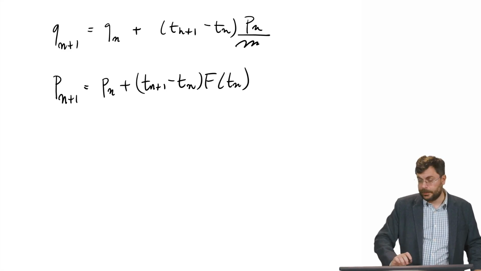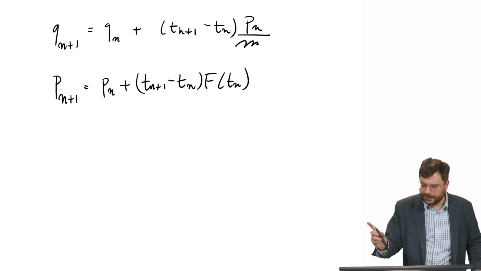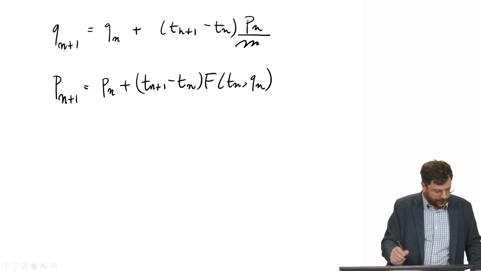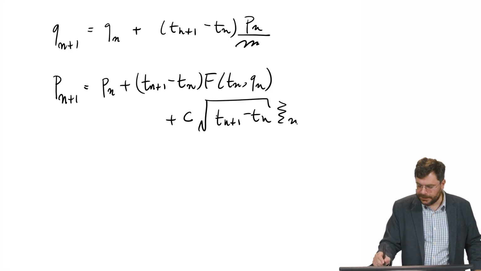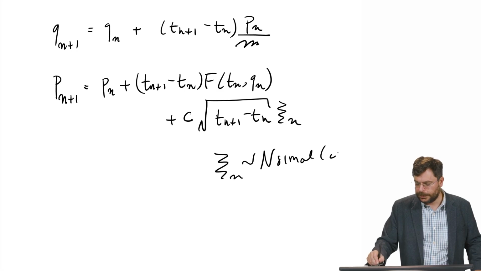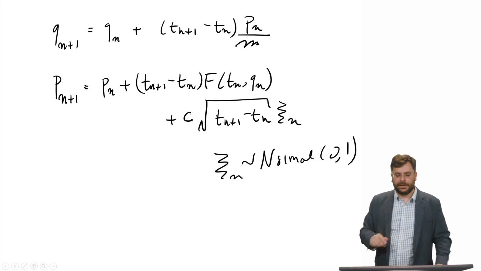Again, exactly the same as what I had last time. And in principle, again, if it depends on position, then I can put a q_n here. Plus c, and then square root of t_{n+1} minus t_n, times xi_n, where xi_n is drawn from a normal distribution, mean 0, variance 1.